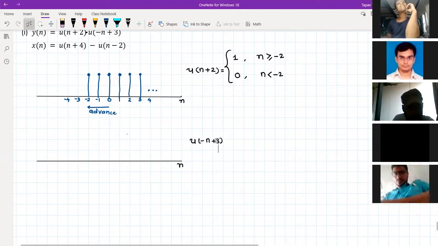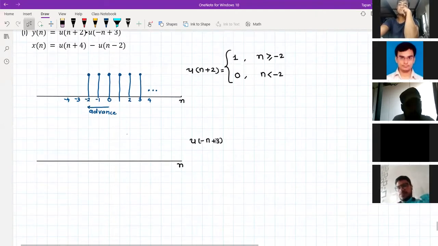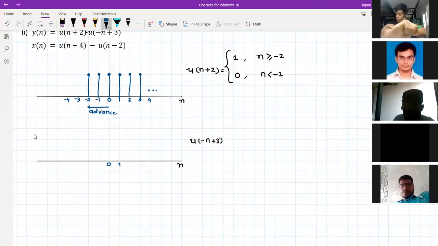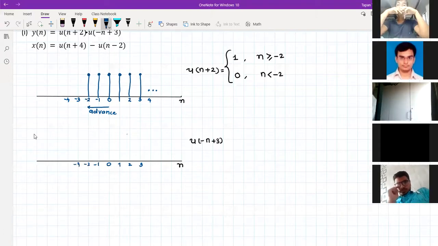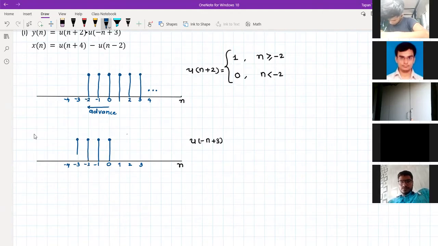Plus 3 means it's a delay. So minus n means 0, 1, 2, 3, minus 1, minus 2, minus 3, minus 4, and so on. It starts at 0 and goes up to infinity in the negative direction. This is u of minus n.